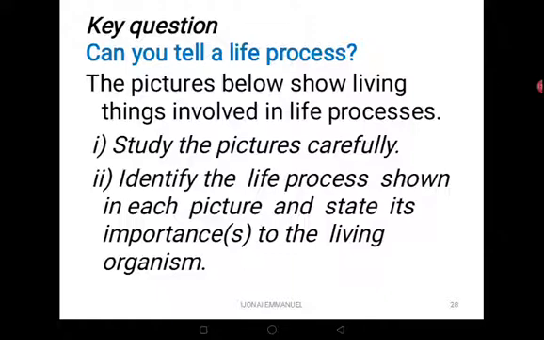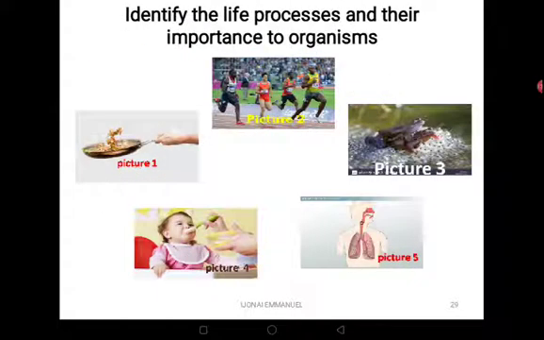So you're just going to look at the pictures, and then after looking at them, you can name the process that you are seeing, and then after which, why is that life process or how is it important to living organisms?